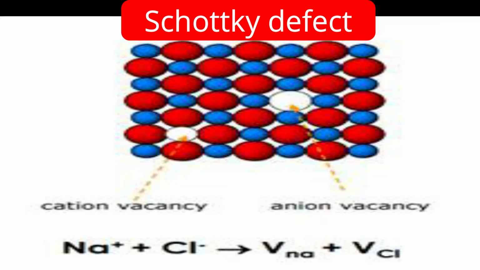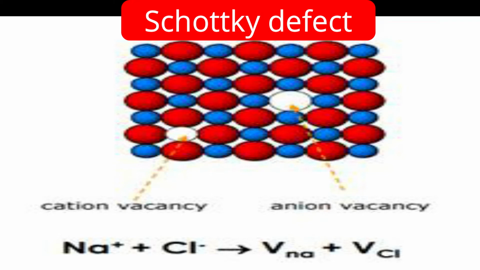Diagrammatically it is represented by blue color for sodium ions, the small ions, and by red color for the large chloride ions. From the crystal lattice, both ions, a pair of sodium and chloride ions, went out, causing vacancy at their original position.